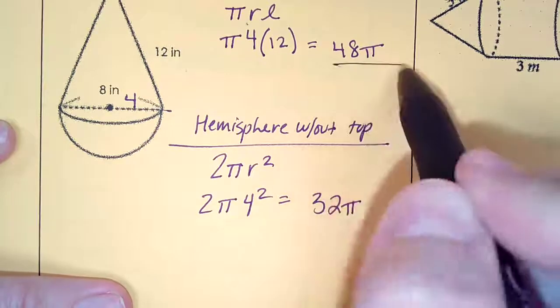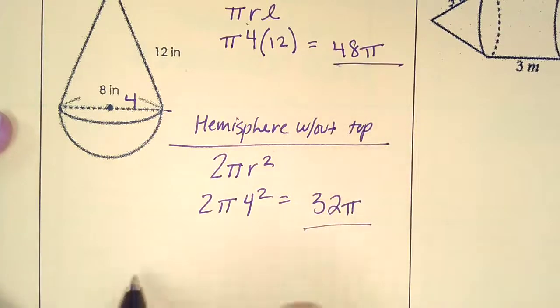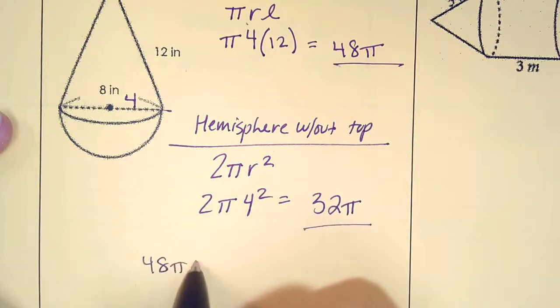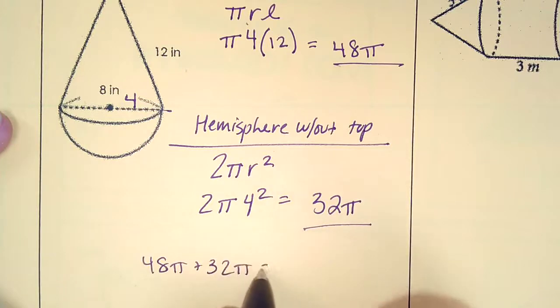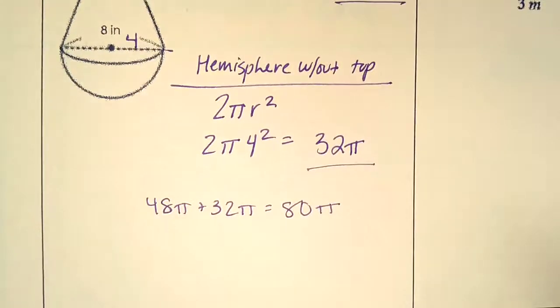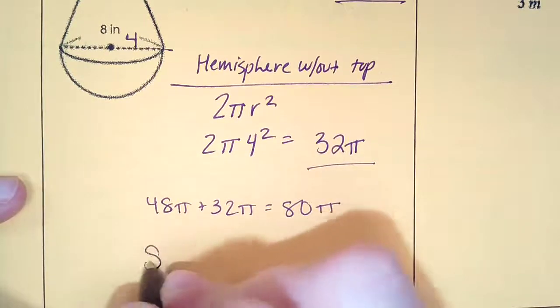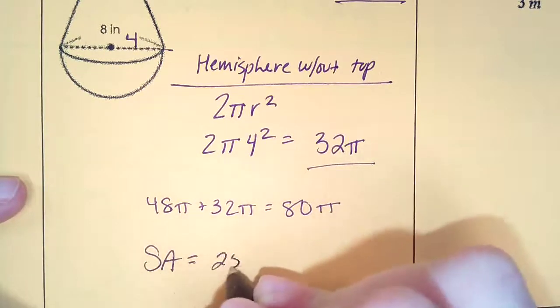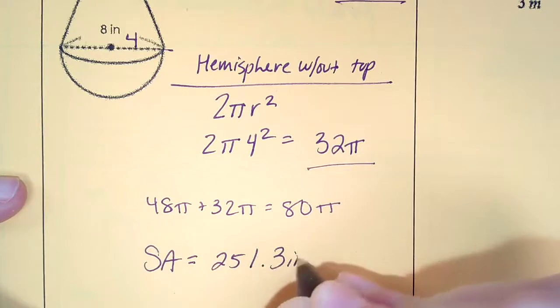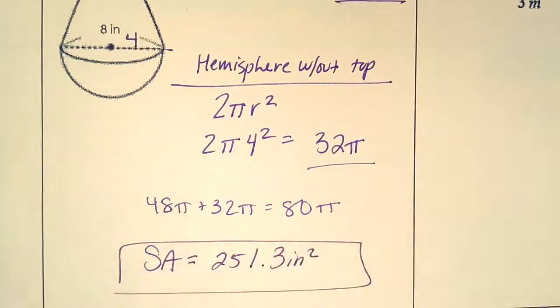Surface area is me adding those two things together. So 48 pi plus 32 pi equals 80 pi. Type that into your calculator. 80 times pi. 251.3 inches squared.